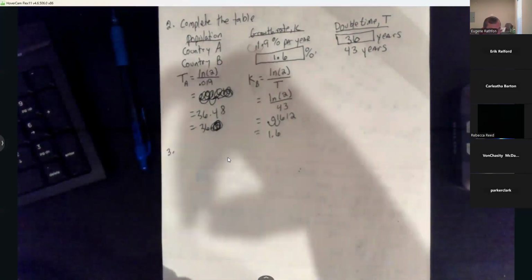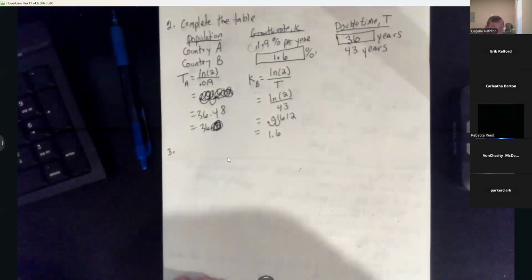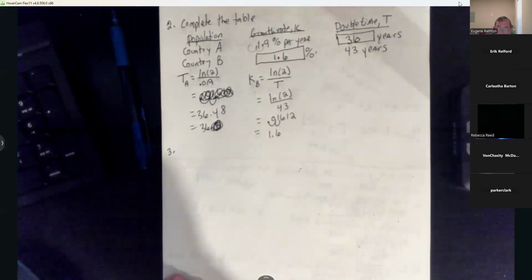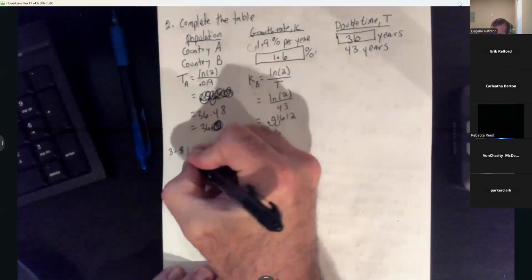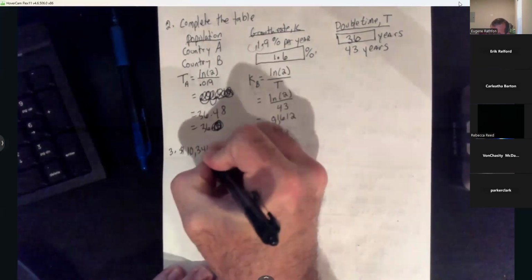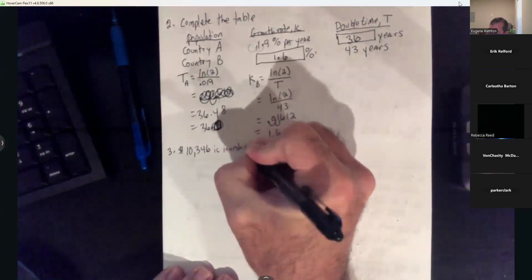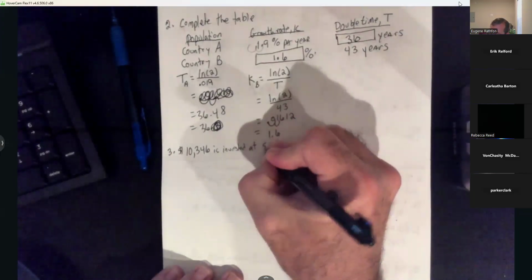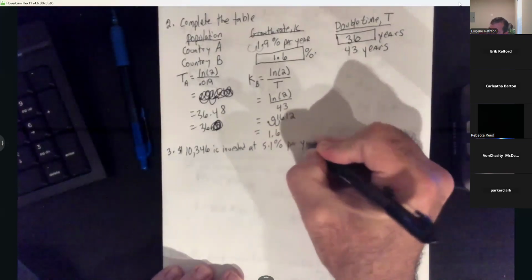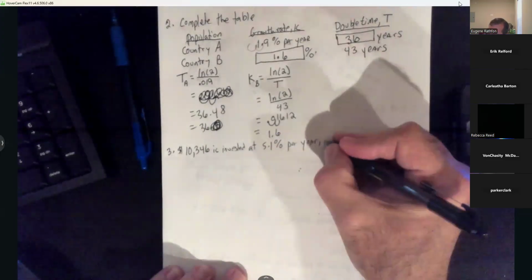All right, so my number 3 is one of those interest type problems on investments, okay? So the problem I got for number 3, they're telling me that $10,346 is invested at 5.1% per year, compounded continuously.